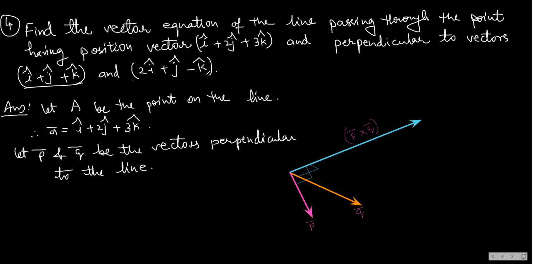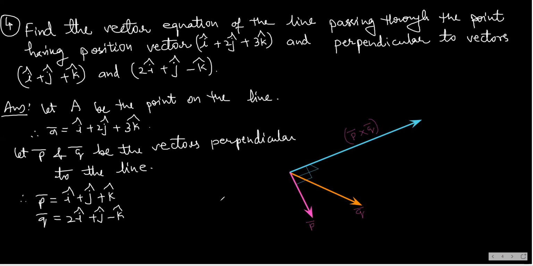So this becomes P bar and this becomes Q bar. Therefore, P bar is I cap plus J cap plus K cap, and Q bar is 2I cap plus J cap minus K cap.